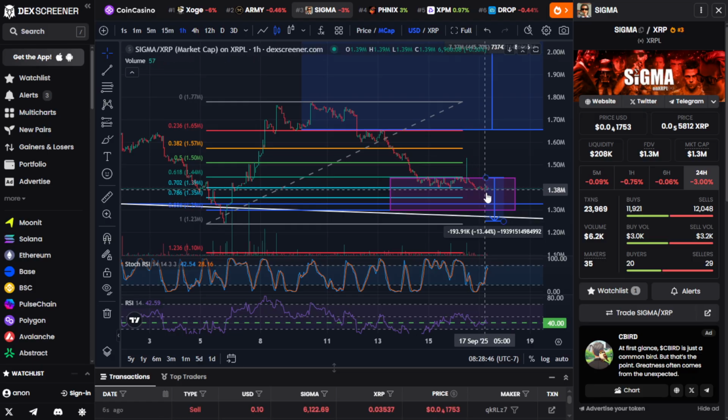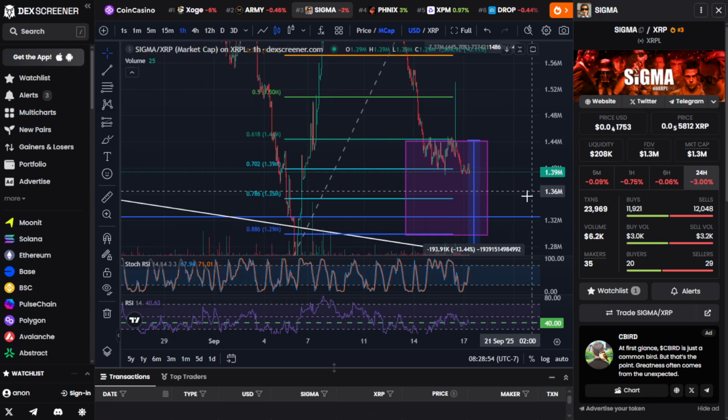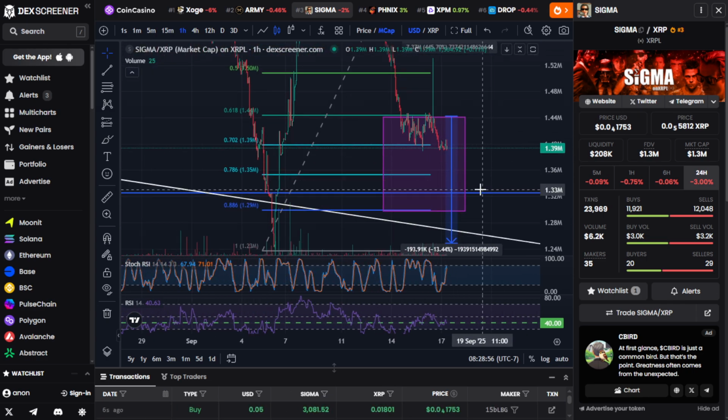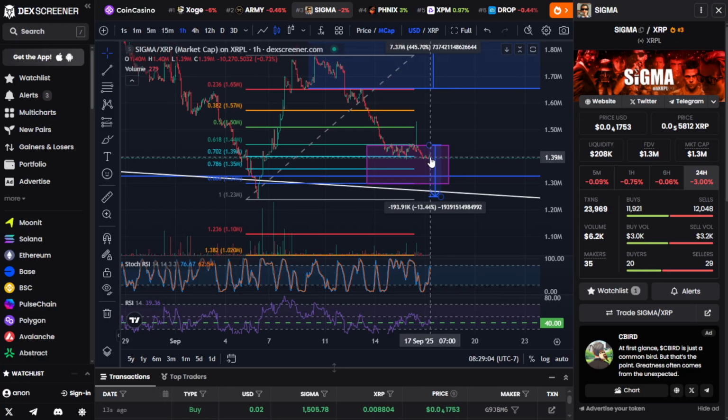And then now we have one more shakeout, and I'm hoping we can get us right back down to this 1.32 million, and I will accumulate my final bags of Sigma right down here at this region. So I'm looking for this final breakdown, and it looks like we're going to get it. Even if we don't get it with the actual coin itself, we may in fact get it with just the XRP pull down into this region to give us this larger market cap.